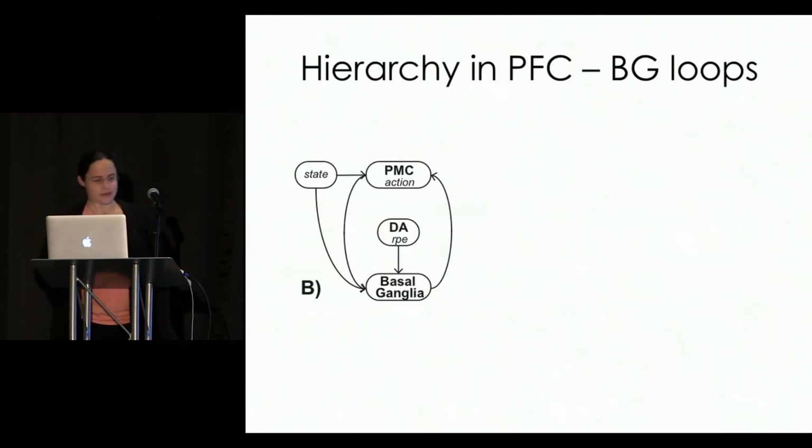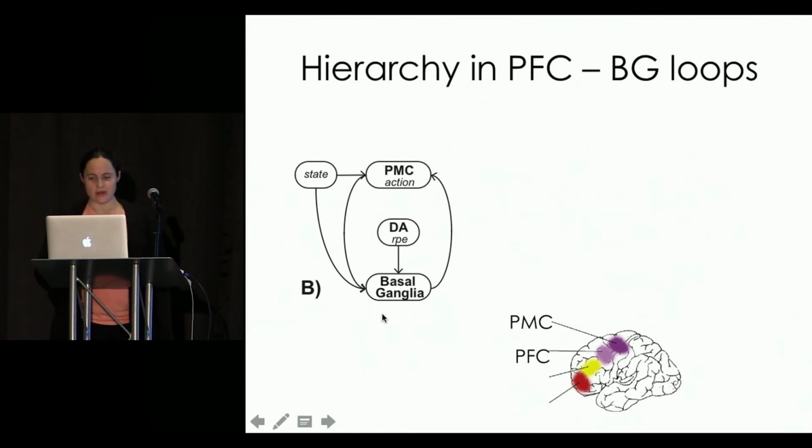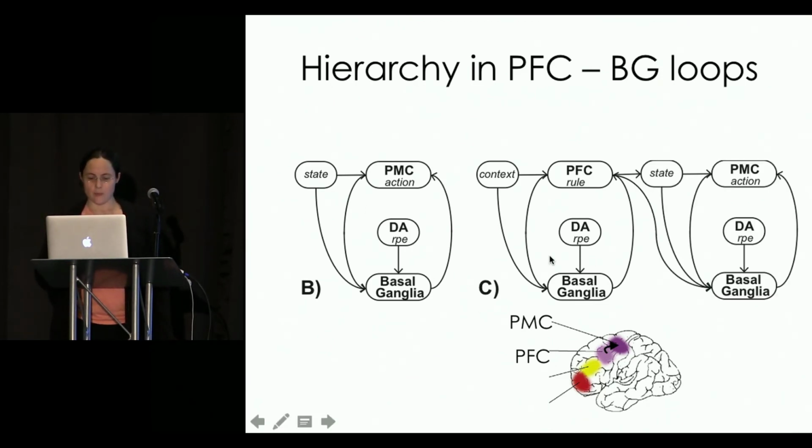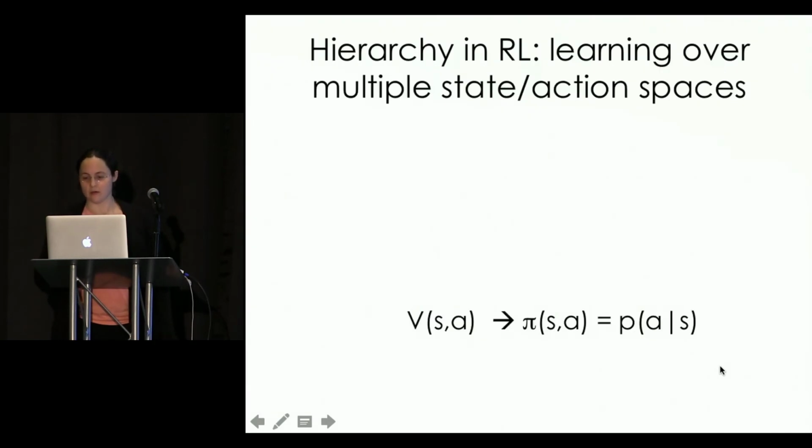So Michael Frank and myself, we said that maybe if we have a network like this that takes states as inputs and actions as outputs, and that can learn through reinforcement learning to select actions, we might have one that starts in premotor cortex, and one that starts in prefrontal cortex, and that because there are also those hierarchical dependencies between those loops, this higher level loop might be a mechanism by which we learn to select task sets at a hierarchical level that then constrains the selection of actions in response to stimuli at the lower level.